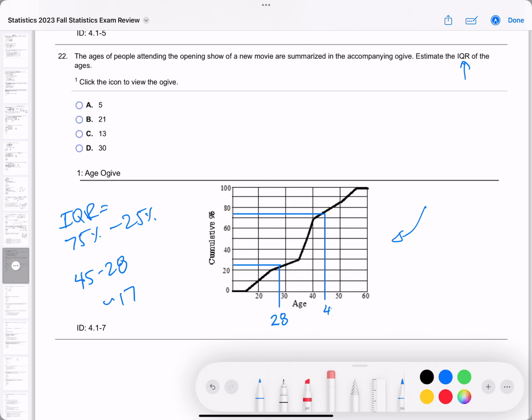Maybe let's take it down to maybe 43. Just a better estimate, because looking at the choices, I thought maybe my estimate's not great. So I'm like, okay, hold on, that's 13, 14, about 15. So this one's going to be the closest. It's not going to be perfect, but that's definitely the closest one. But that's all you're supposed to do, your 75% mark minus your 25% mark.